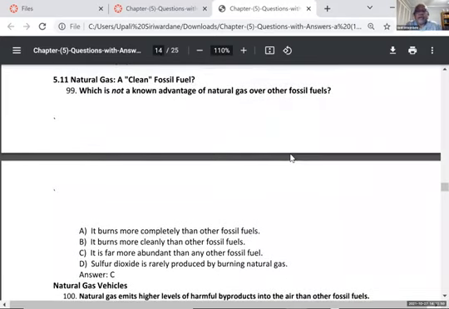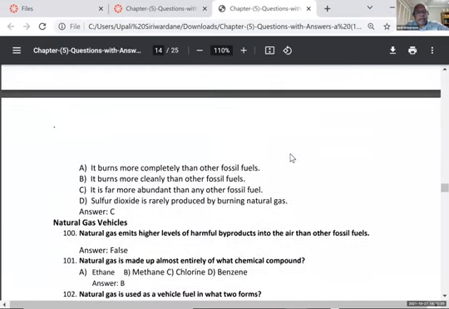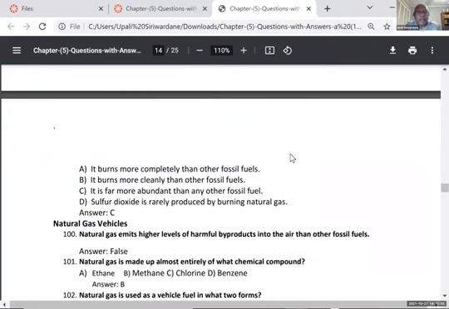Which is not a known advantage of natural gas over other fossil fuels? It's not far more abundant than other fossil fuels. That's not an advantage.